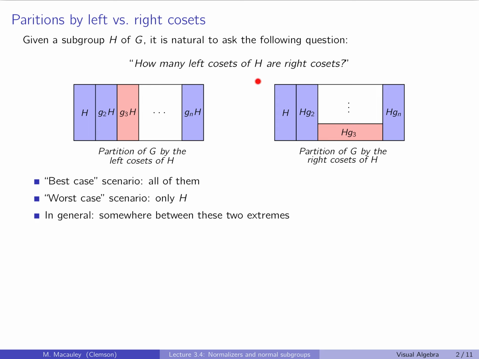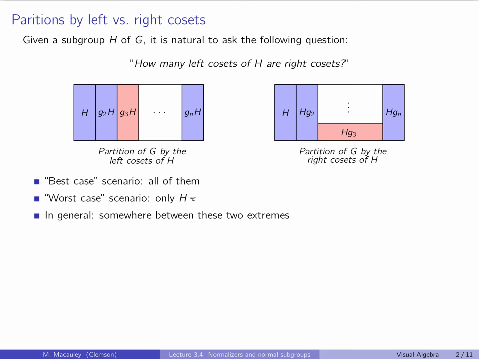So back to this question. How many left cosets are right cosets? Well, in the best case scenario, by some measure of best that I hope to impress upon you soon, is all of them. And in the worst case scenario, only H, because H is always going to be a left coset and a right coset.